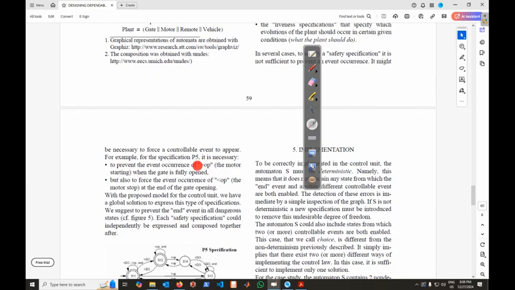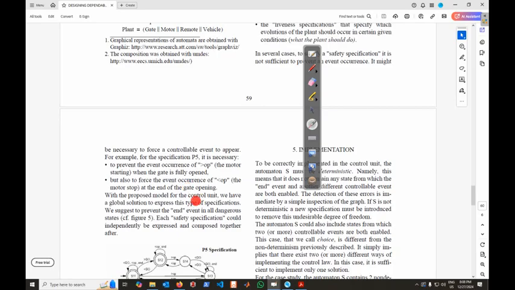When the gate is fully opened, we should not request the motor to try to open, again to avoid damaging the motor. Also, we need to force the event of close. This smaller than means close or stop opening at the end of the gate opening. Okay, so this is the specification now that we understand.